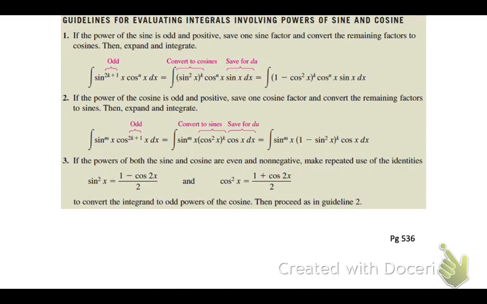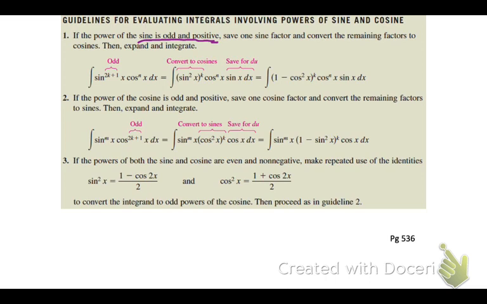So, some rules to remember. If the power of sine is odd, so that's if the power of sine is positive and odd, you might want to use this method. You save one sine factor and convert the remaining factors to cosine.